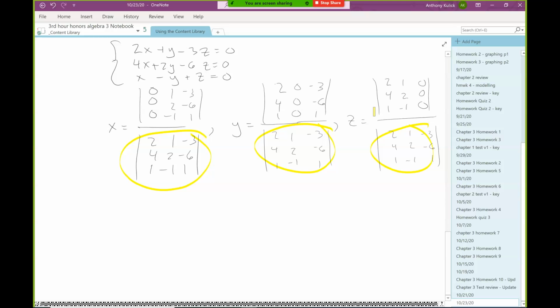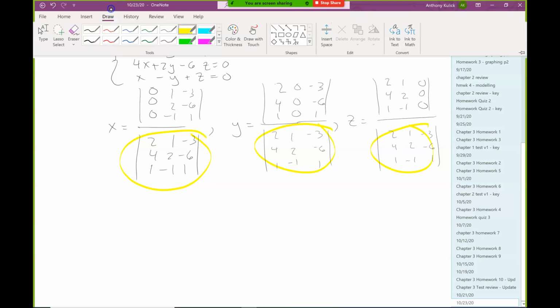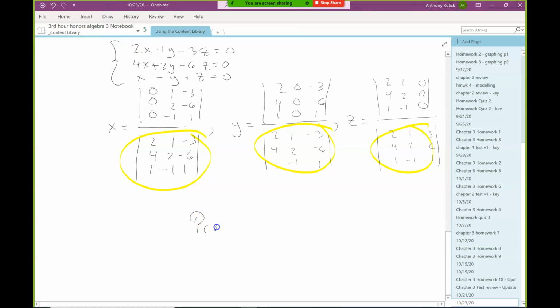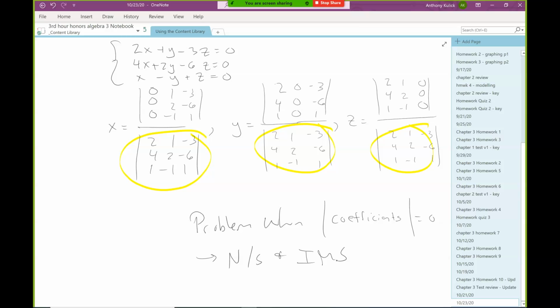When will this happen? That happens in the no solution situation and in the infinitely many solution situation. That's a bummer.